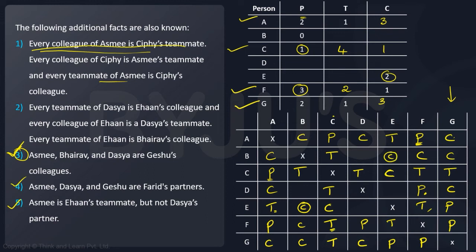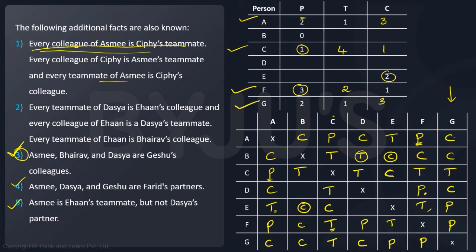So you're saying that every colleague of Ehan is Dasya's teammate. So B is colleague of Ehan in this. So B should be Dasya's teammate. So this is T, in which case this is T. It fits, there's nothing wrong. Let me also take the other thing as C and see what happens.